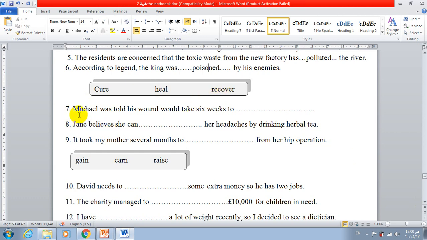And number 7 says, Michael was told his wound would take 6 weeks to cure, to heal, to recover. What is the right word? Good. The right word here is the word heal. Because when we speak about a wound, we use the word heal when the person recovers from this wound.